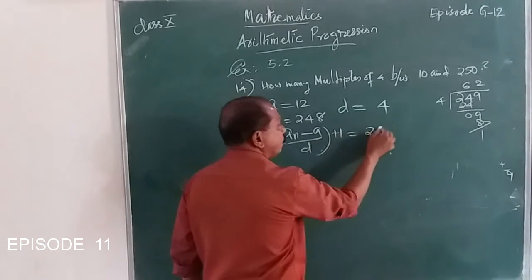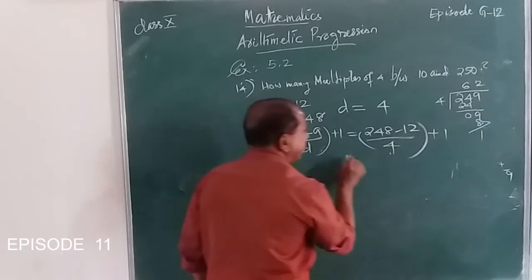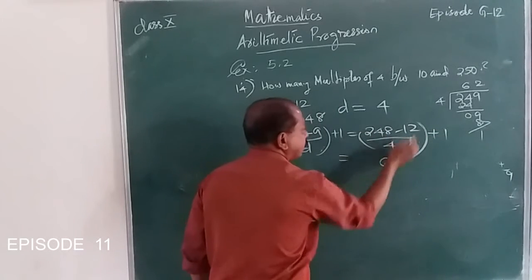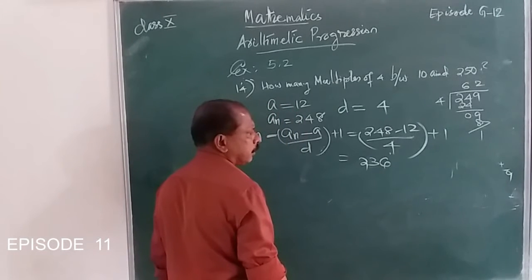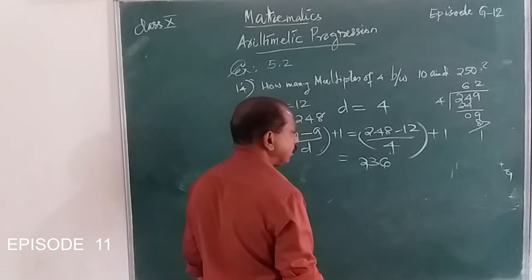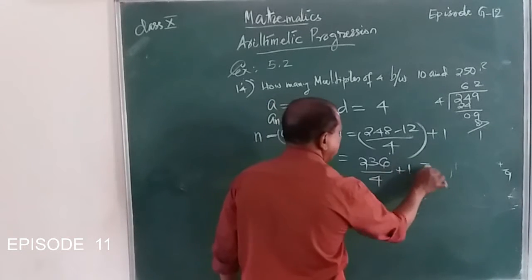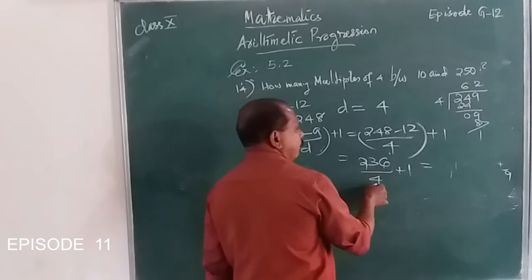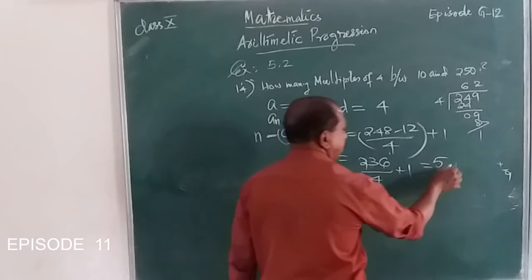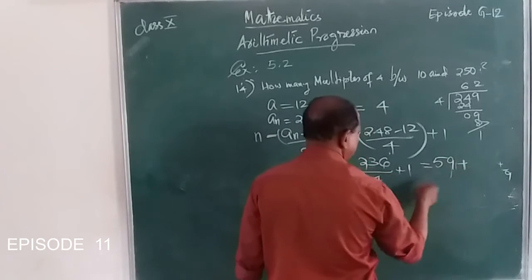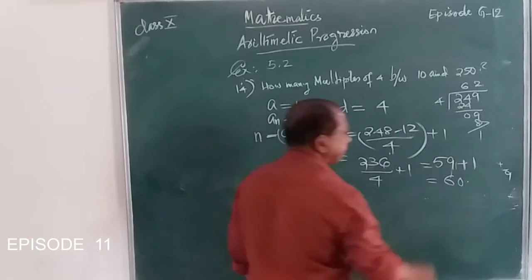That is (248 minus 12) divided by 4 plus 1. 236 by 4, that is 59, plus 1 is equal to 60.